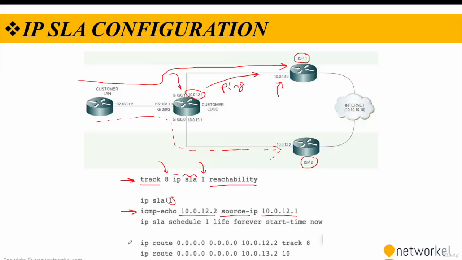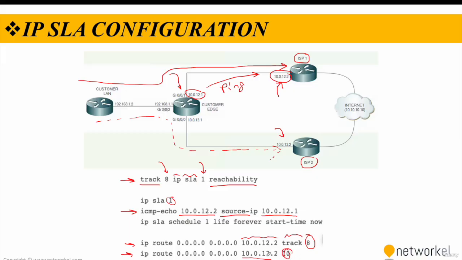Then I'm defining two default routes. The first one is ip route 0.0.0.0 0.0.0.0 10.0.12.2. This is the interface of ISP1, with track 8. And the second one is ip route 0.0.0.0 0.0.0.0 10.0.13.2. That is the ISP2 interface with an administrative distance of 10.